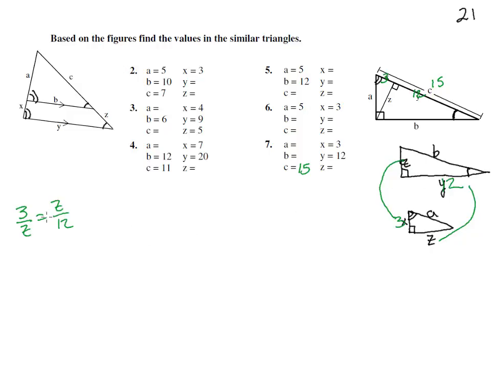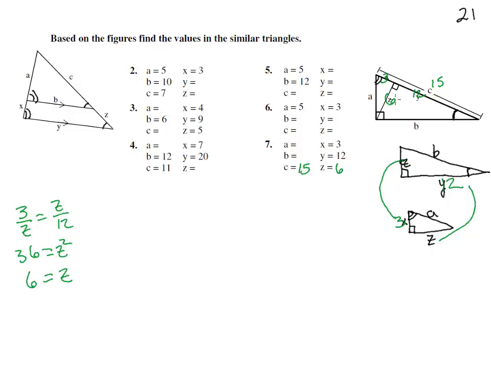They're the same variable. We can still solve for that. So we multiply and multiply, and we get 36 equals z squared. z equals 6. The proportion of 3 to z is the same as z to 12. That's pretty cool. So it turns out that z is 6.